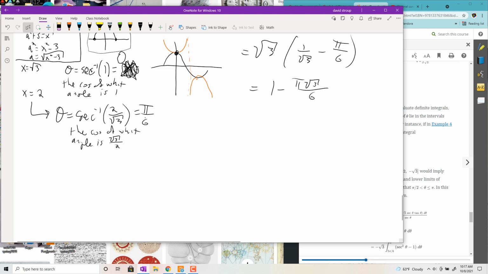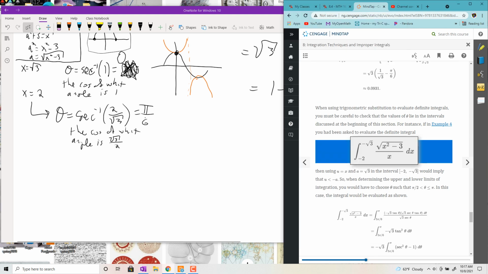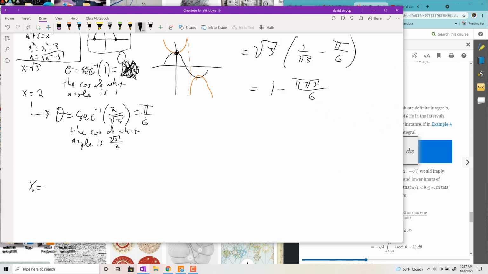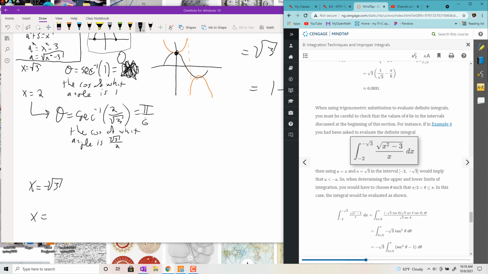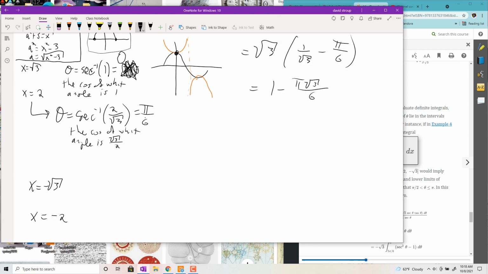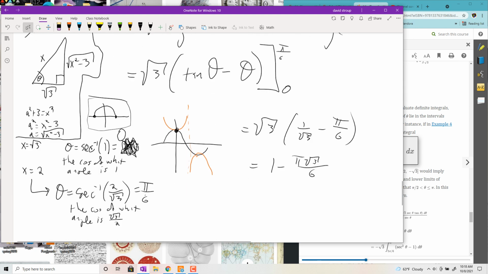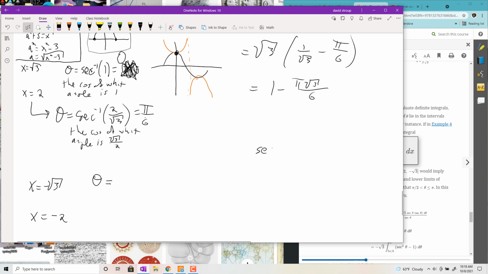Okay, so if you pick on the right there x to be negative root 3, and then x to be for the lower limit negative 2. You just need to be careful with this conversion, right? So again, let me try to redeem myself. Given that secant of theta equals x over root 3, theta equals secant inverse of x over root 3.